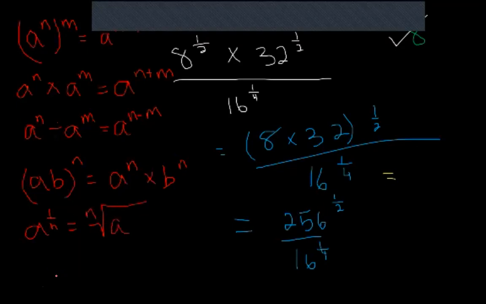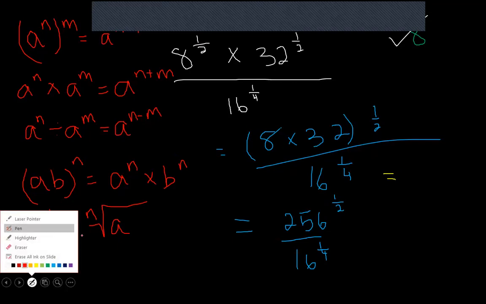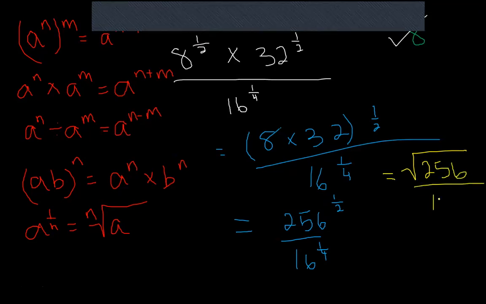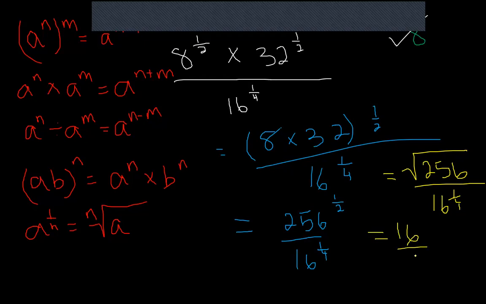So 256 to the power of a half, that's the same as saying the square root of 256, divided by 16 to the power of a quarter. The square root of 256. Hold on. Square root of 256, that's 16. So that's 16 divided by 16 to the power of a quarter.